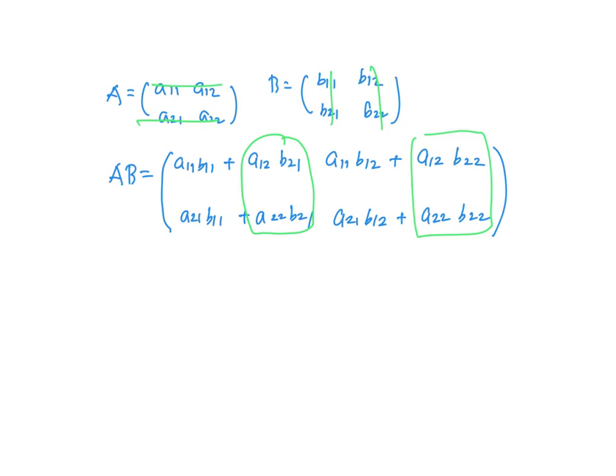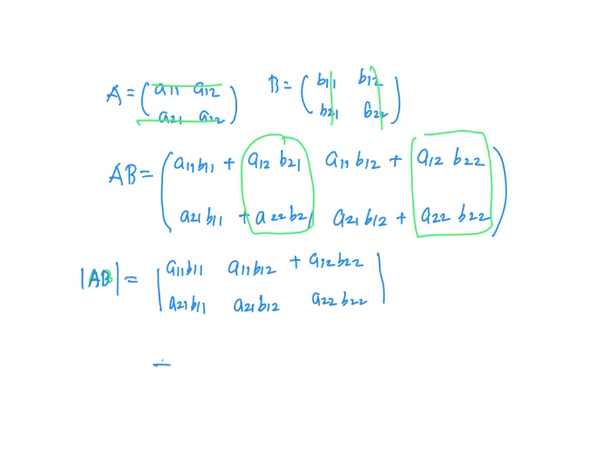So determinant of AB is the sum of the original determinant, that is this: A11 B11, A21 B11, A11 B12, A21 B12, plus A12 B22, A22 B22, plus a determinant of a matrix in which the original column has been replaced by this.